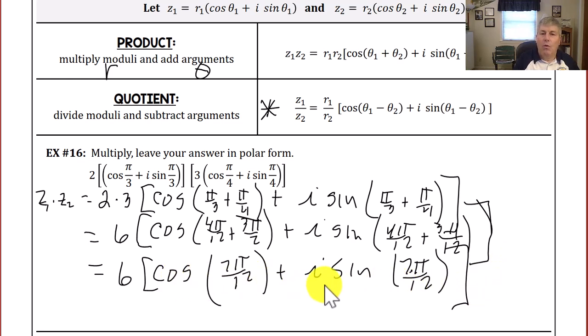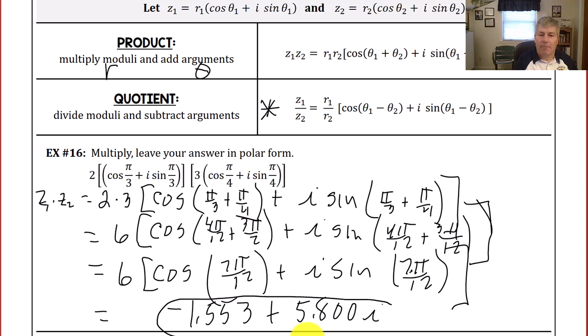I don't know what this is, but I could put this into my calculator, making sure I'm in radian mode, and if I did that, I would get negative 1.553 plus 5.800i. Now this form would not be polar form anymore.